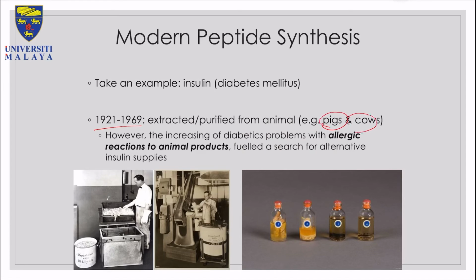However, there were increasing problems for diabetics with allergy to the animal products. So if you were to extract from animals, there are multiple issues that you need to look at: allergic reactions, and whether the extracted proteins or peptides have been purified properly, without bacteria and whatnot, because towards the end of the day you want to inject it into your body, so you want the insulin to be as sterile as possible.